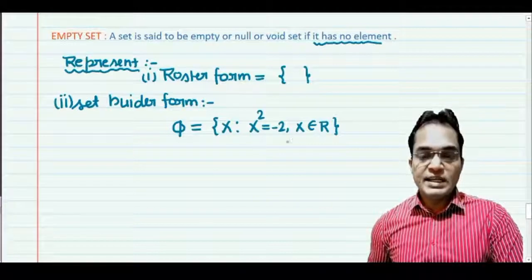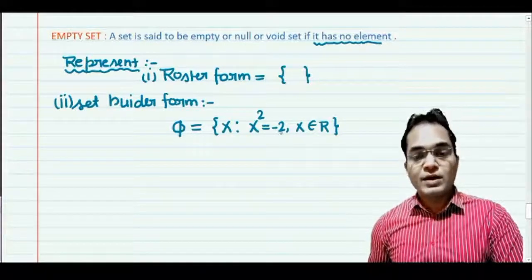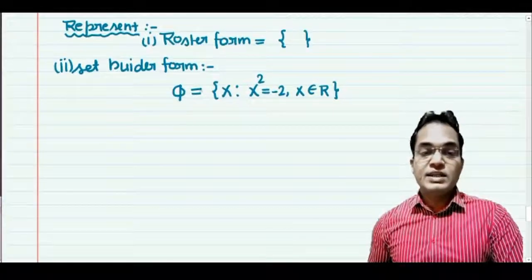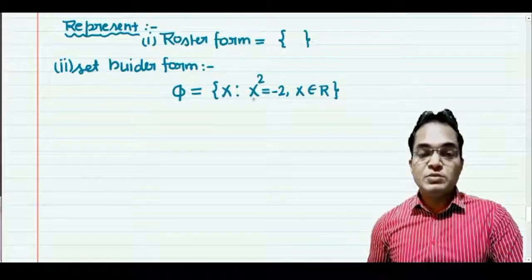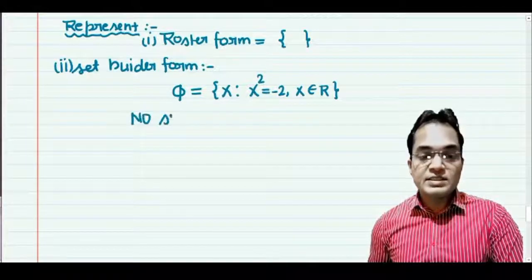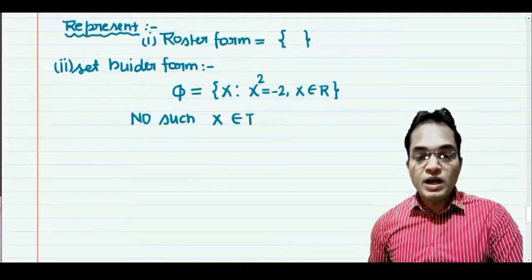Check it. Is there any real number such that the square of the real number is -2? No, there is no real number whose square is -2. That's why there is nothing, meaning no such x belongs to R.